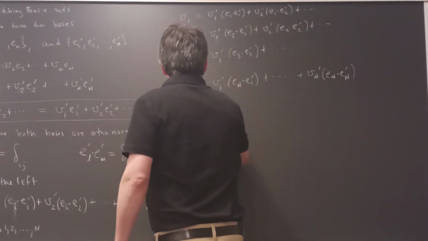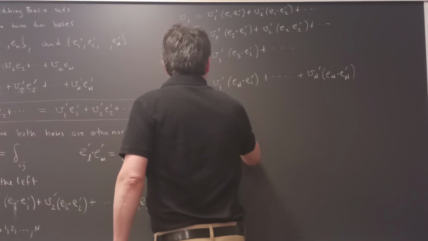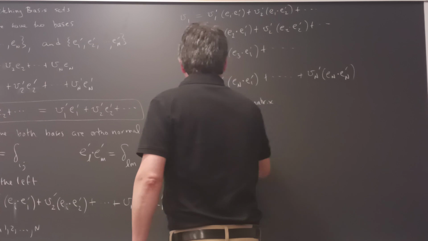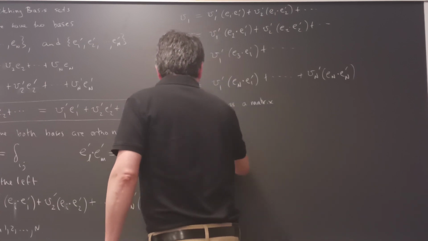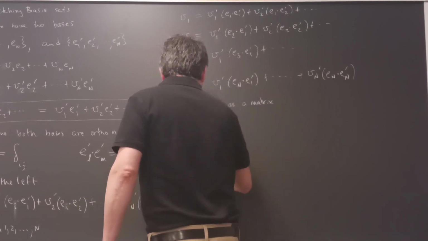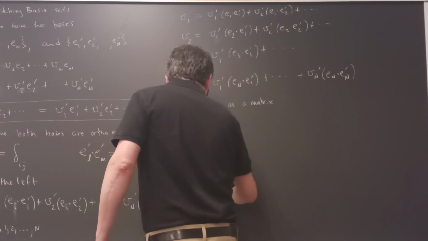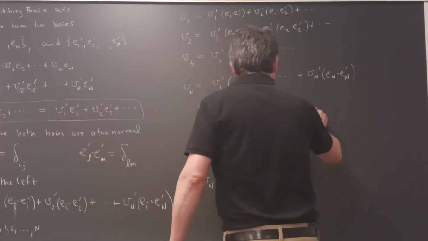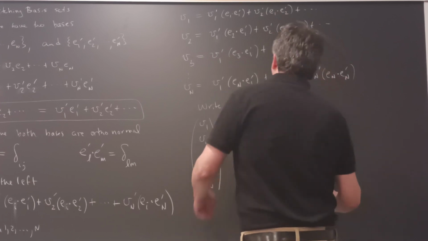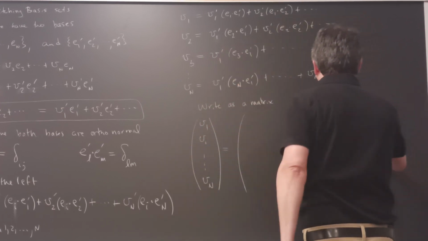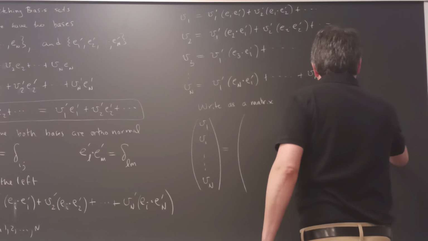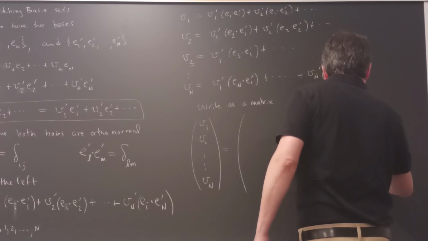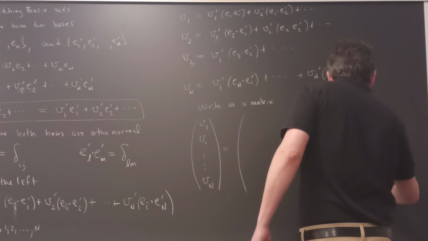So we can write it as a matrix. V1, V2 down to Vn is equal to this big matrix of all of the dot products of the basis vectors, acting on V1 prime, V2 prime, and so on.